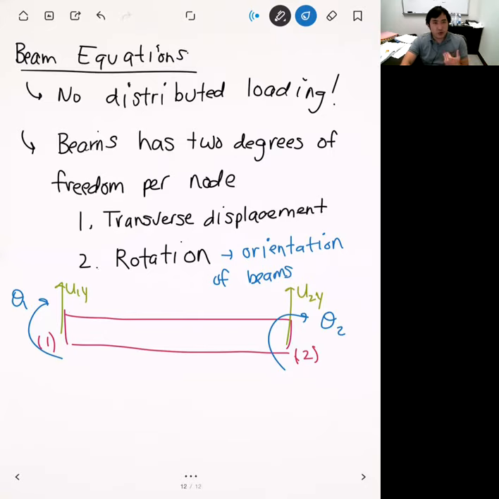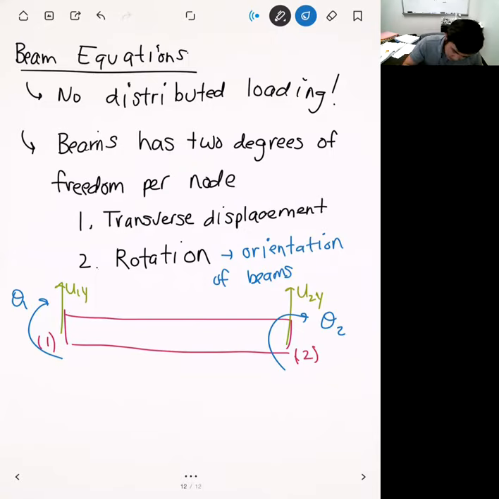And so it's one thing to say what the deformation is over there, what the displacement is, but it's another thing to say what the angle or what the orientation of the beam is over there. Okay, because it's possible to have a displacement that goes up like this, but the beam might be concave downwards over there too. Okay, and so it's the combination of these two things that makes the beam formulation a little bit unique.